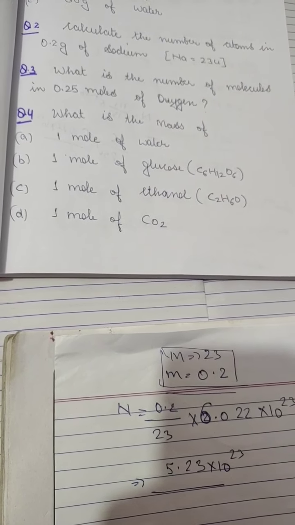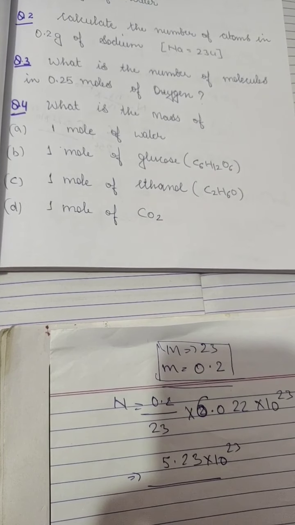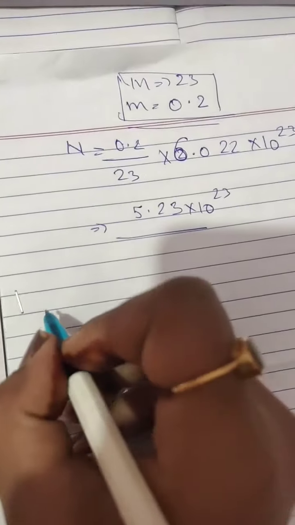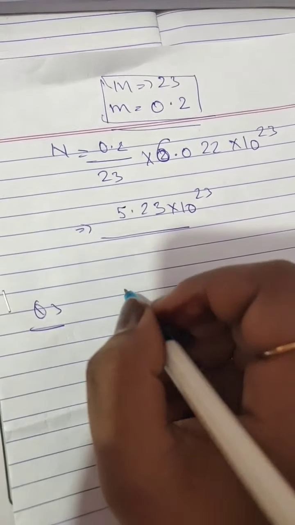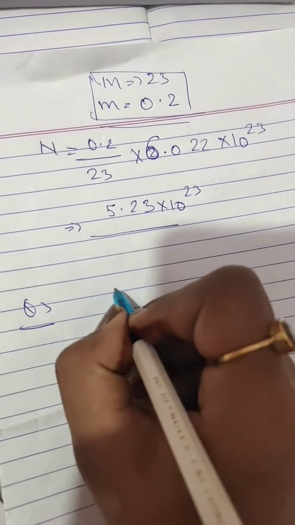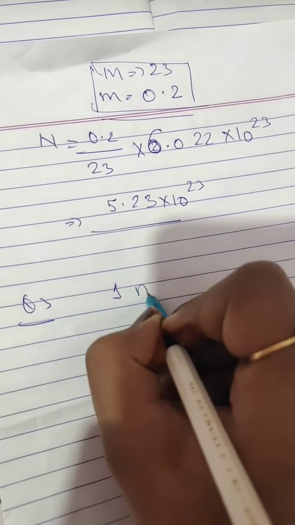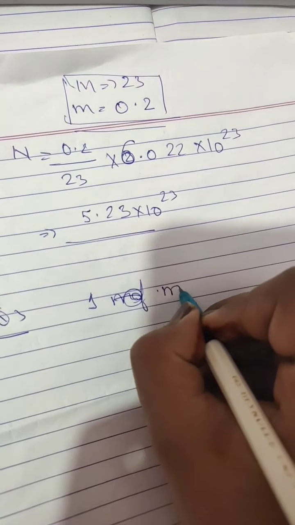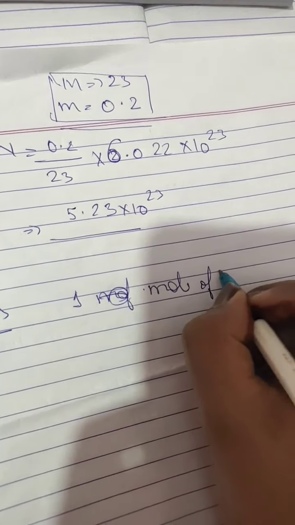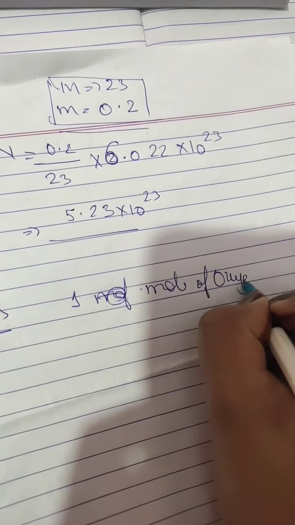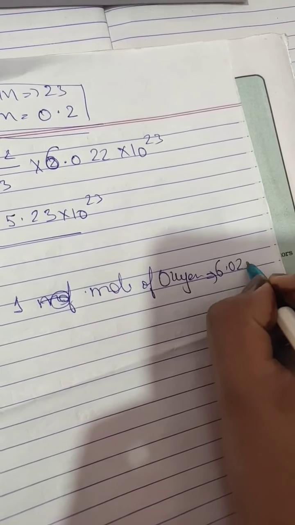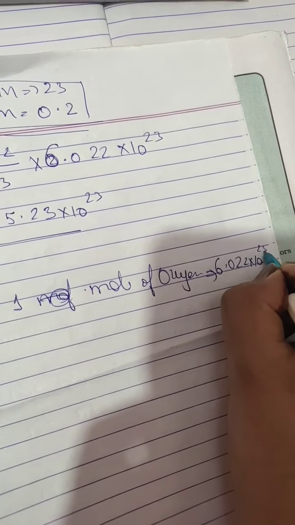So next is, what is the number of molecules in 0.25 moles of oxygen? Now in this we have to find the number of molecules, the same as question number 3. So 1 mole of oxygen is 6.022 into 10 to the power 23.